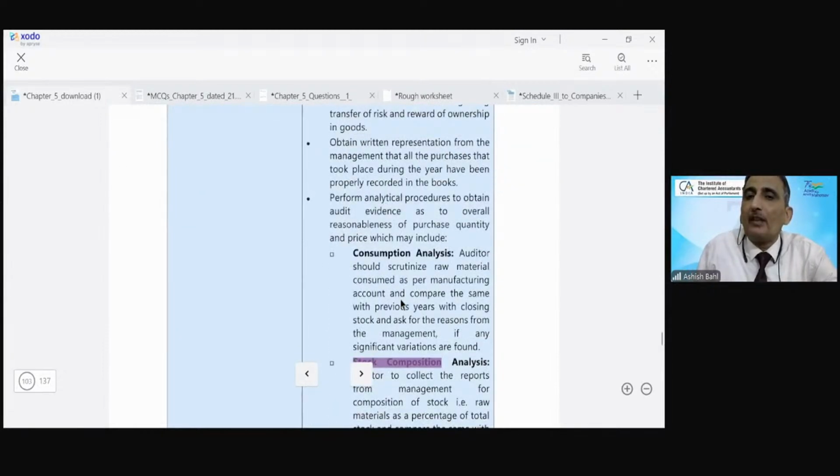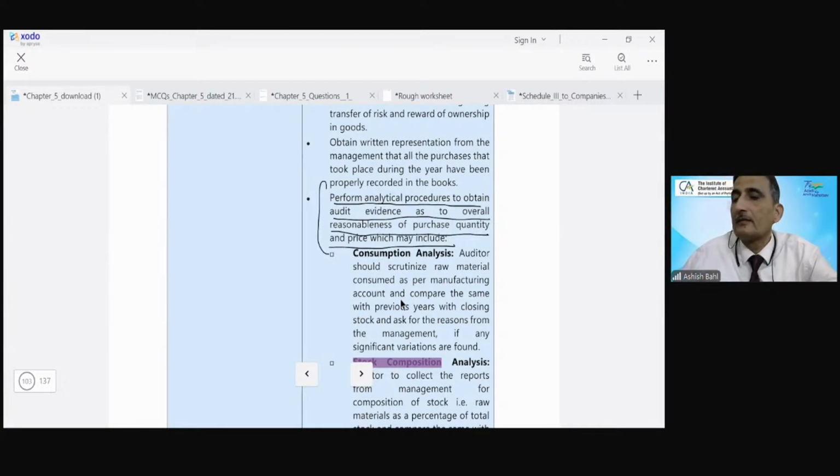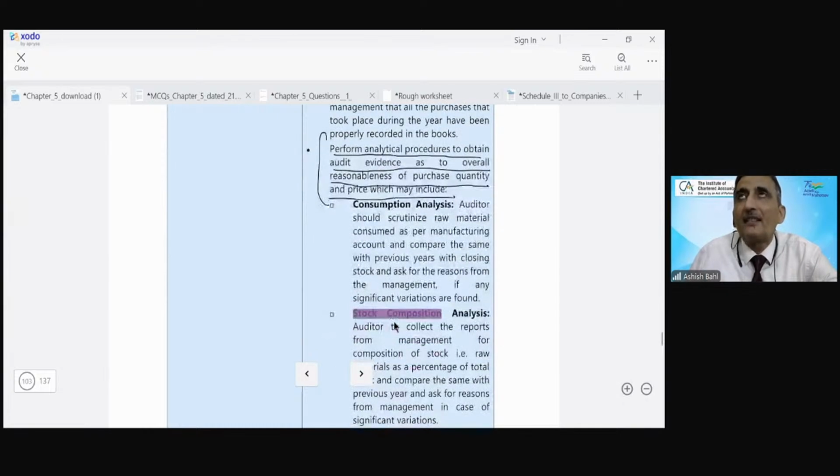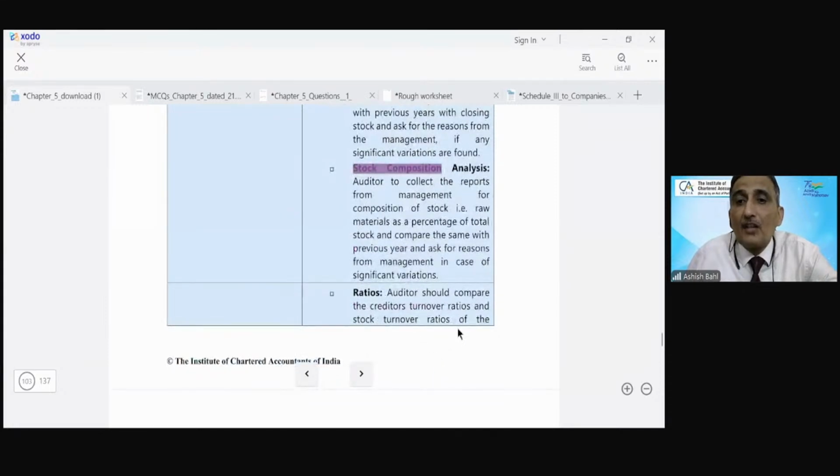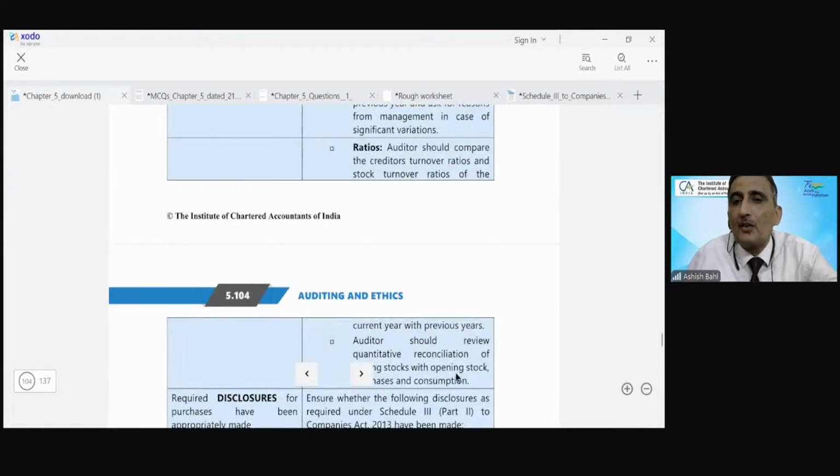Performing analytical procedures to obtain audit evidence as to overall reasonableness of purchase quantity and price: consumption analysis, stock composition analysis, percentage of raw material in total stocks, comparing consumption analysis of this year with previous years, and ratios, creditor turnover ratio, stock turnover ratio, quantitative reconciliation of opening stock with closing stock, purchases and consumption.